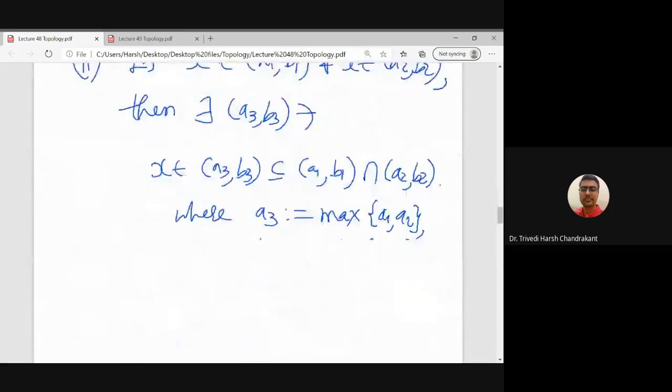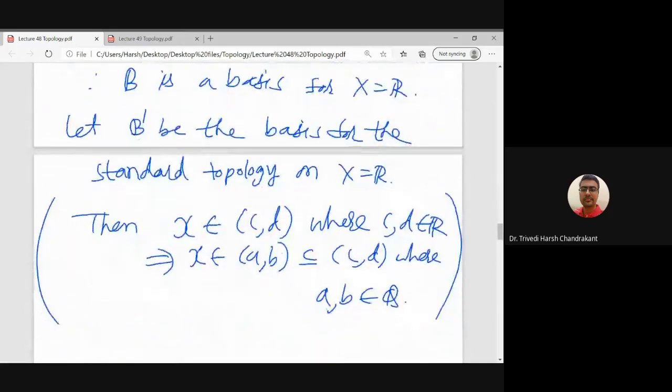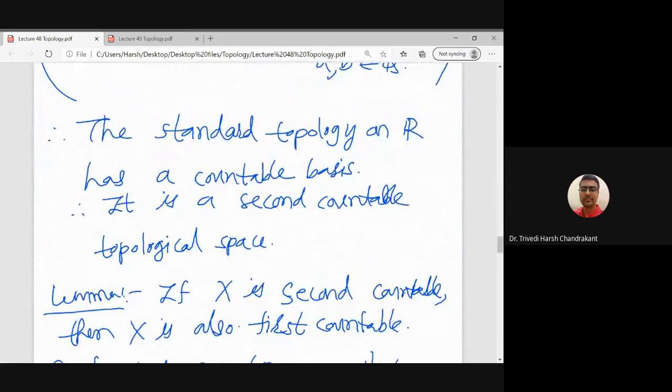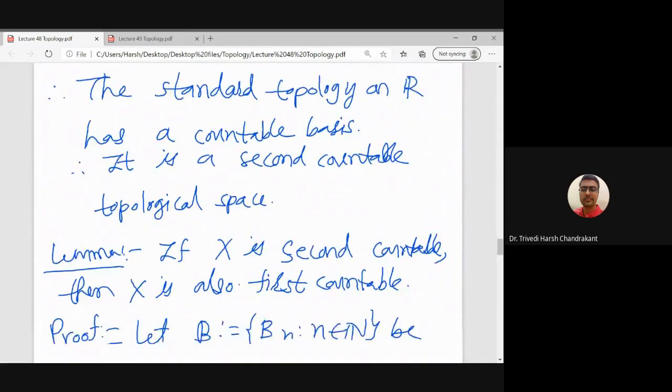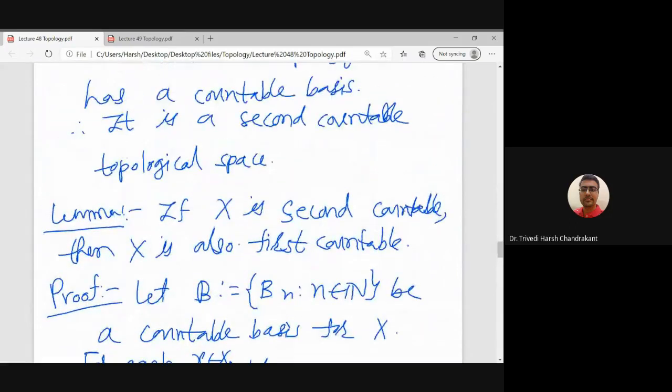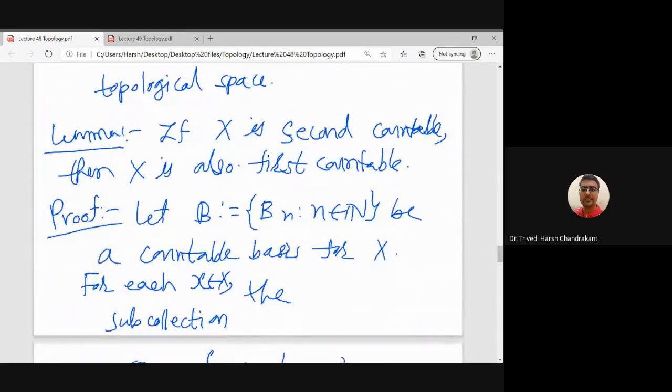We have already discussed the proof that if we consider the collection of open intervals with rational endpoints, then it is a basis for a topology on R, and the topology generated by that basis is actually the standard topology. That one can check by the standard argument. Once we know the bases of two topological spaces, how to show that the topologies generated by the two bases are the same or not, we already discussed.